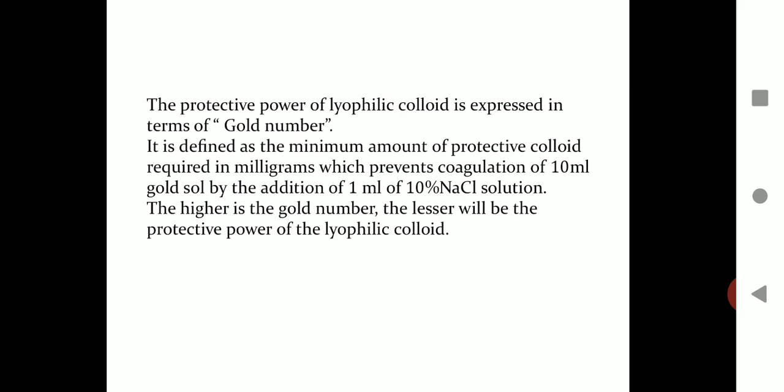That means if you have taken 10 milliliters of gold sol and you add 1 ml of 10% sodium chloride electrolyte solution into it, then it will cause its coagulation. And if you want to prevent this coagulation, then you are adding some protective colloid in it. So what is that minimum amount of protective colloid required in milligrams to just prevent the coagulation of 10 ml of the gold sol? That is known as the gold number of that protective colloid.